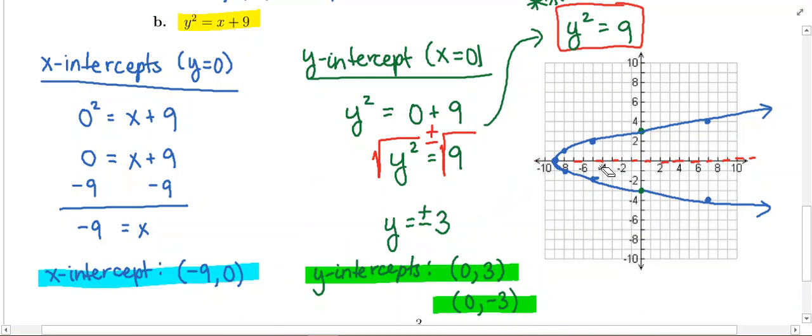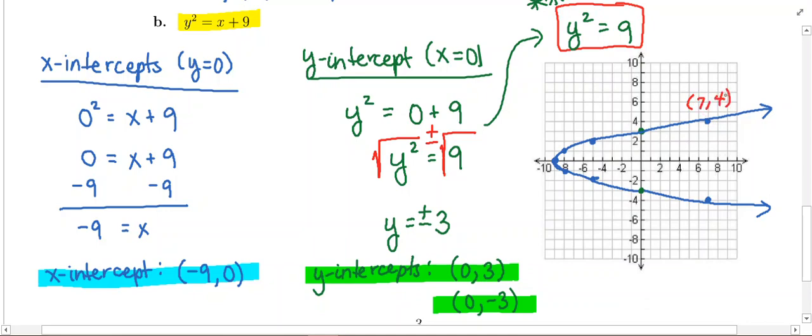Again, if this is a difficult thing for you to visualize, pick a point that's not on either axis and apply almost the algebraic test for symmetry here. If we look at this particular point, this is located at 7, 4.